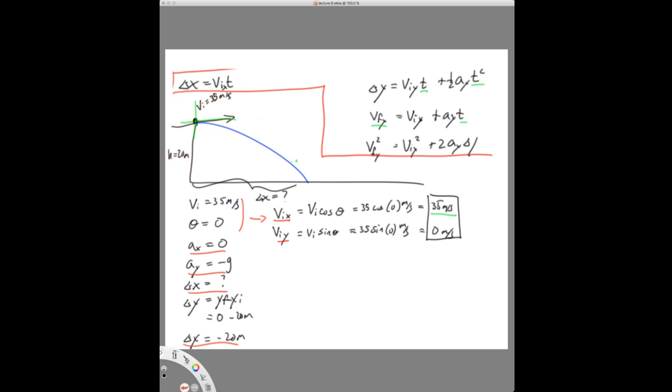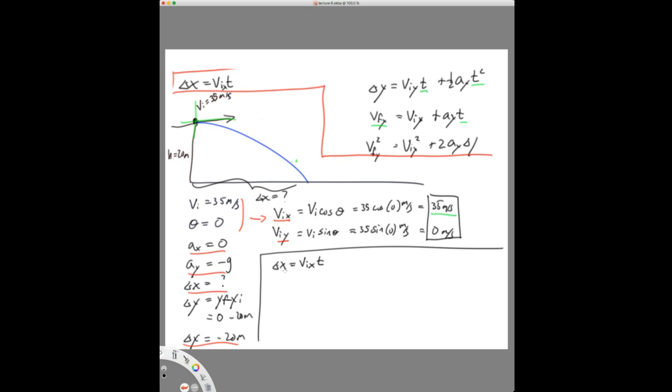Only one equation on the top of the page has it, so guess which equation we're going to use? That one. Okay, so here's my translation. I'm going to just block it off. And here's my solution. Delta X equals V initial X times time.